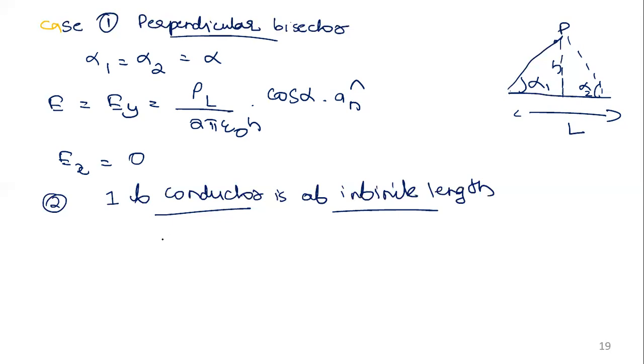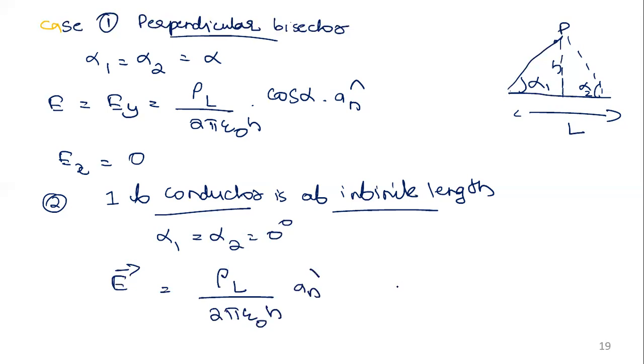If that is the case, alpha 1 is equal to alpha 2 is equal to 0 degree. For infinite length, the angle will be 0, because we don't know where we can take the angle. So we consider it equal to 0 only. In that case, what will be the electric field? Electric field will be rho L by 2 pi epsilon 0 h into the direction.